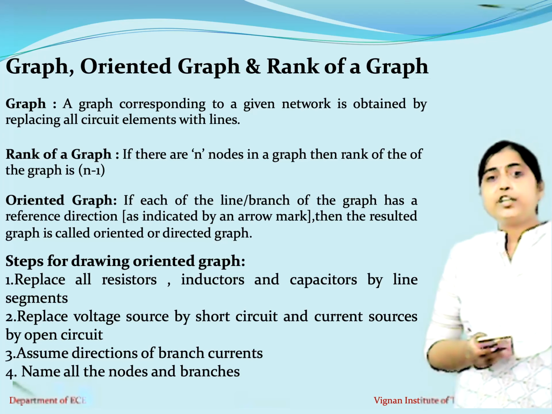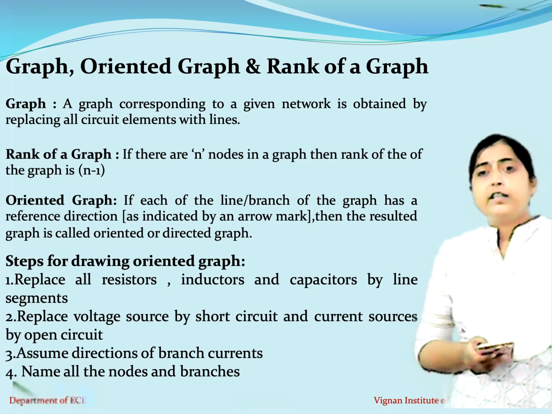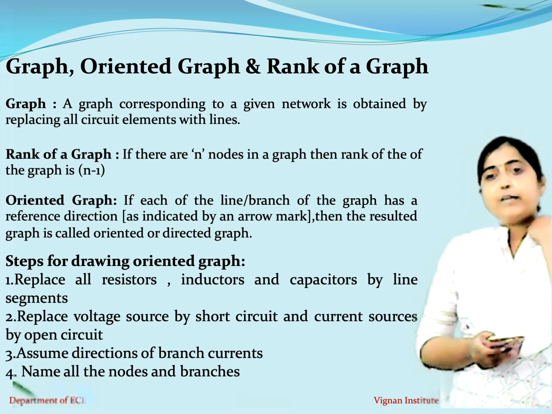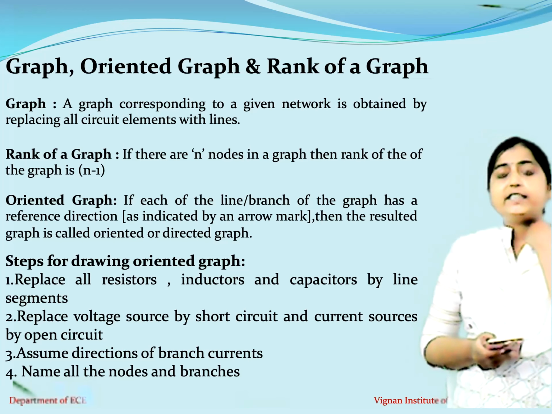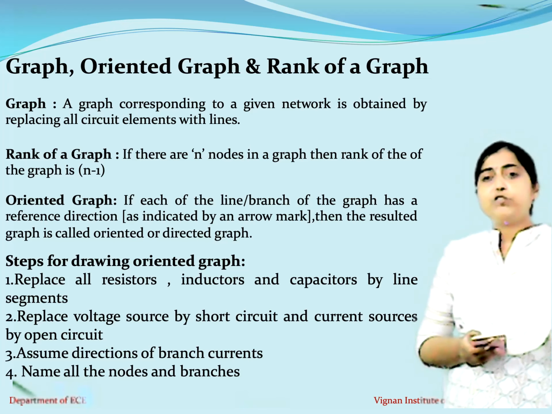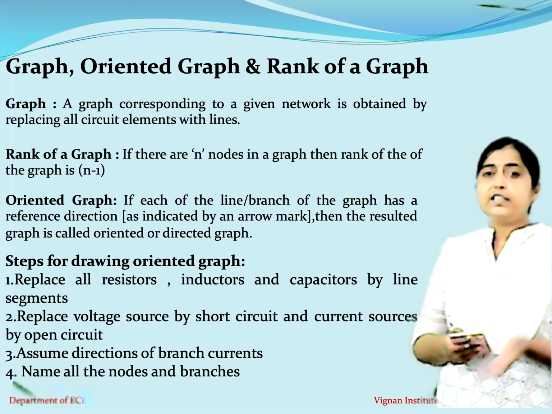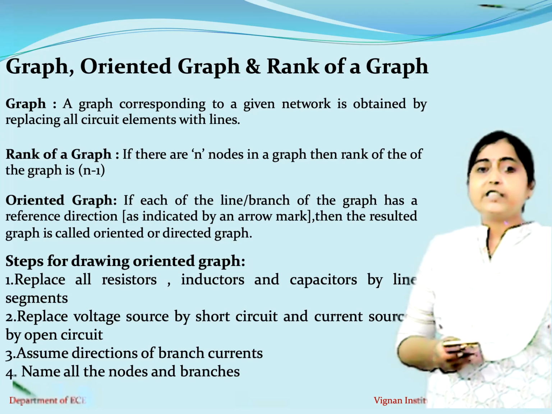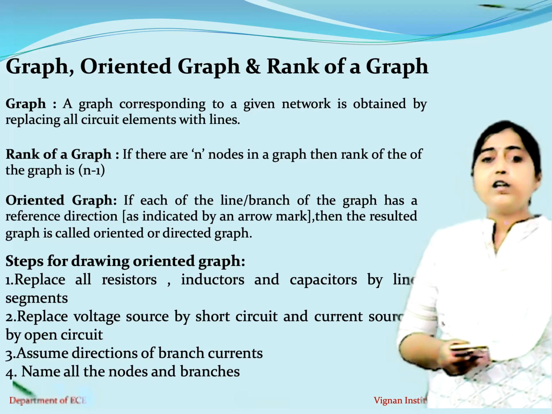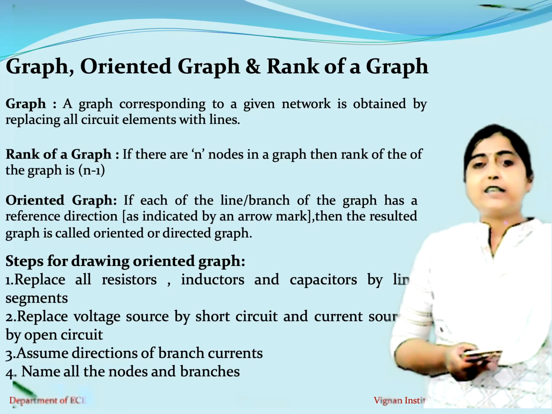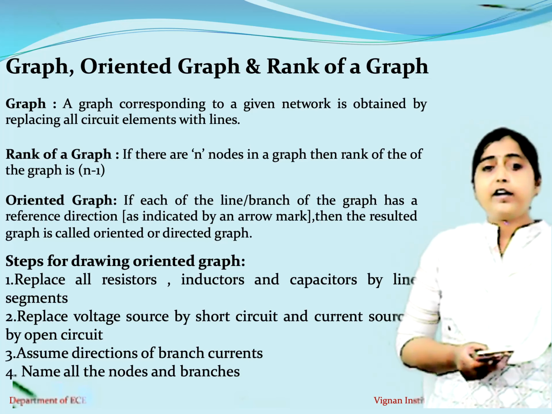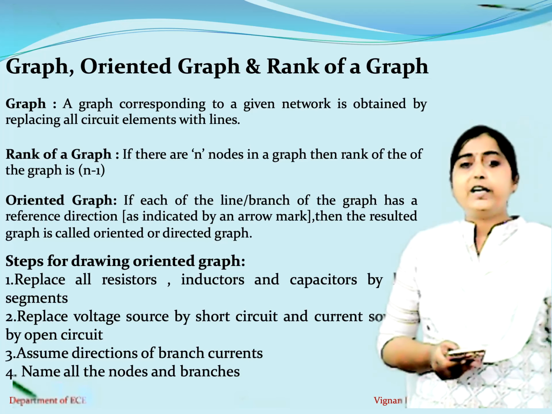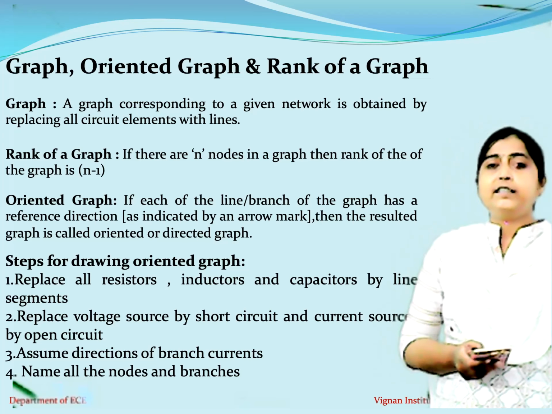Sometimes the circuit can be purely resistive, sometimes a combination of resistors and inductors, sometimes a combination of resistor, inductor and capacitor. Whatever the network, the first step is that all the resistors, inductors and capacitors in the network are replaced by a simple line segment.